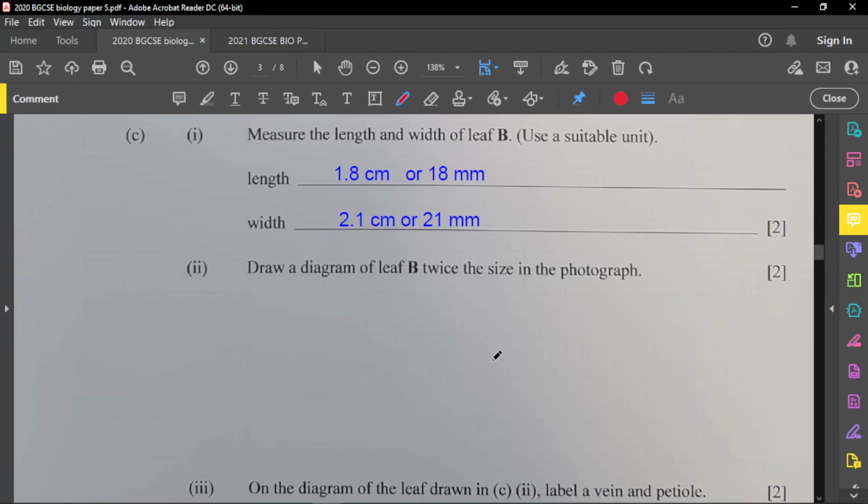And to measure across, you're going to measure twice as much as 1.8, because the length is 1.8. So 1.8 times 2 will give you 3.6. You're going to measure 3.6 centimeters across. So I put my ruler here and I measure from here to here, and that must be 3.6. Sorry, that's the length. That's a mistake right there.